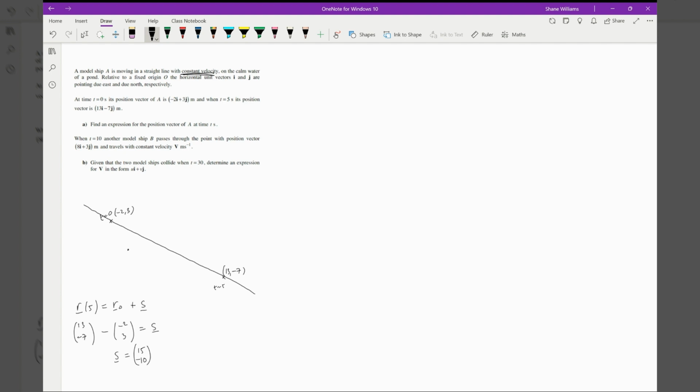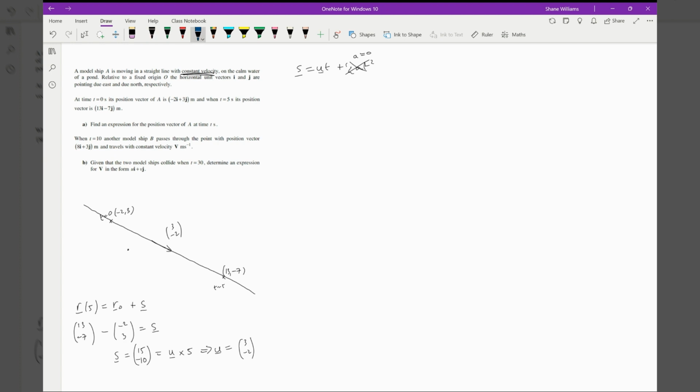But I also know that displacement equals s equals ut, or s equals ut plus half at squared, but here acceleration is 0. So this should equal u times the time that I've been displaced for, 5 seconds, which means that u will equal 3, minus 2. So I now know that this velocity is 3, minus 2.